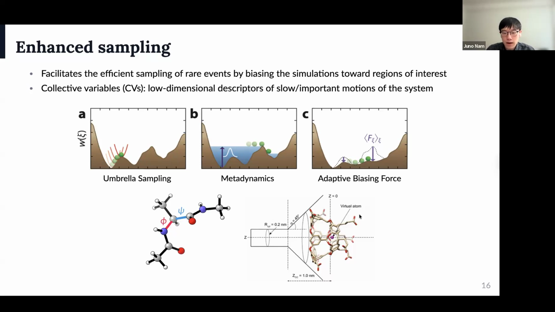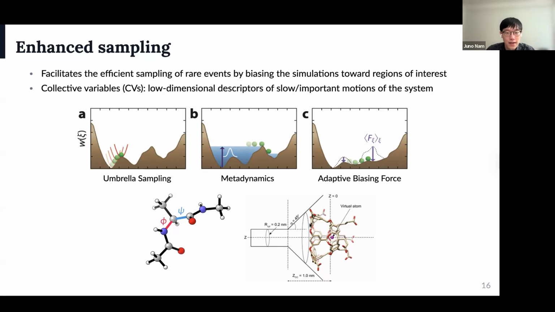Another example is the host-guest system, where we have a host molecule and a small guest molecule bound to it. In this case, we can use the distance between the center of mass of the host and the guest molecule as the descriptor.